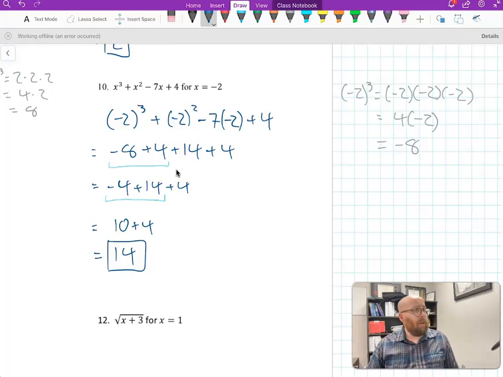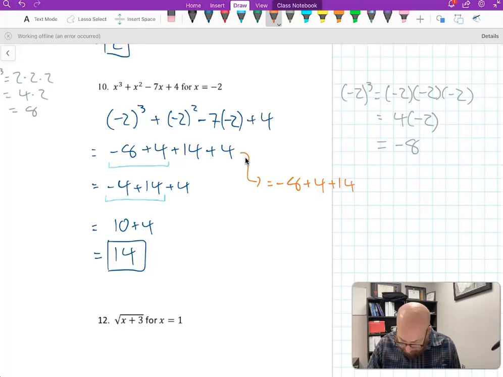Now, I want to take a moment right now to just show you that you don't always have to evaluate things in the order that you're given. So, yes, we have negative 8 plus 4 plus 14 plus 4.